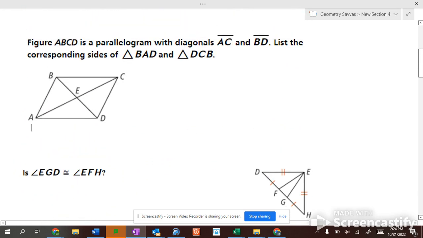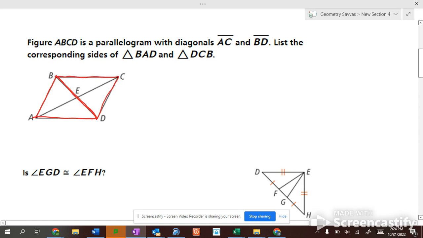Okay. So figure ABCD is a parallelogram with diagonals AC and BD. List the corresponding sides of triangle BAD and triangle DCB.